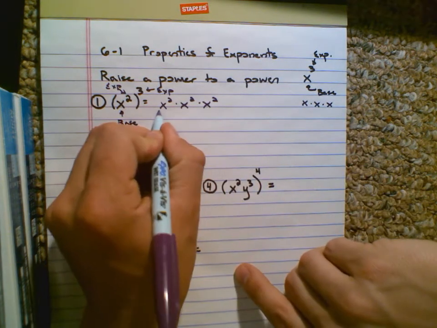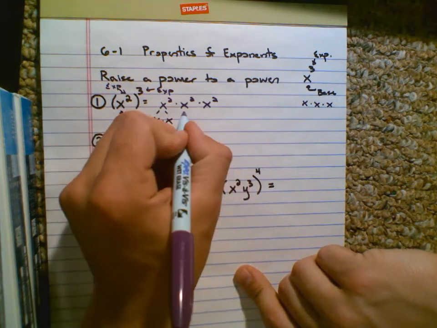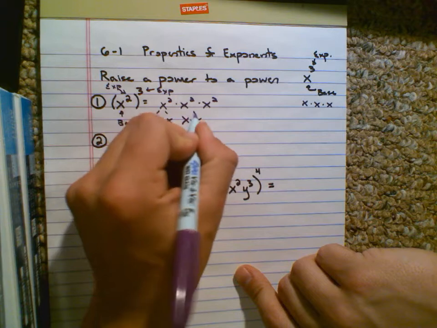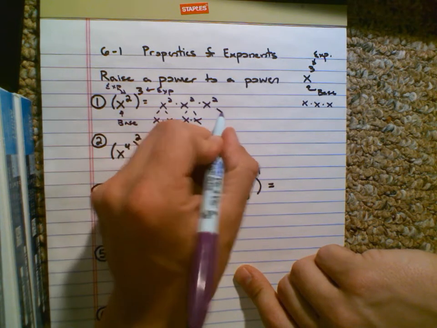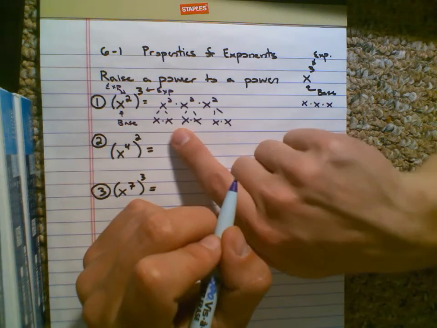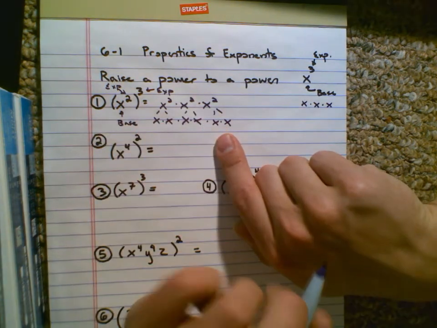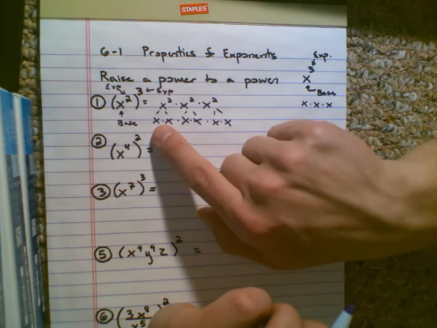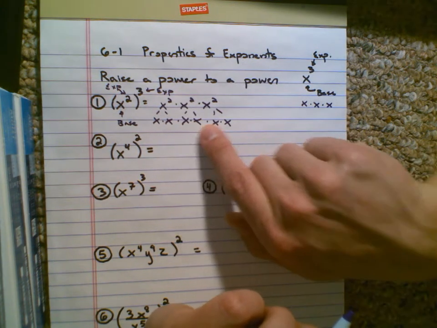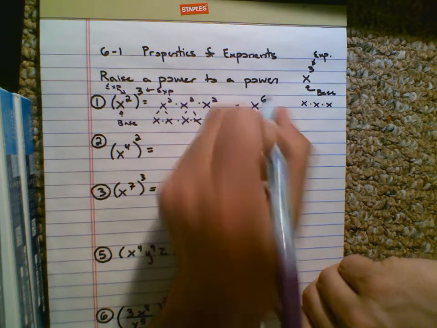So this breaks apart into x times x, this one into x times x, and this last one into x times x. If I multiply all of those together, in total I will have multiplied 1, 2, 3, 4, 5, 6. So in total, I would have x to the sixth.